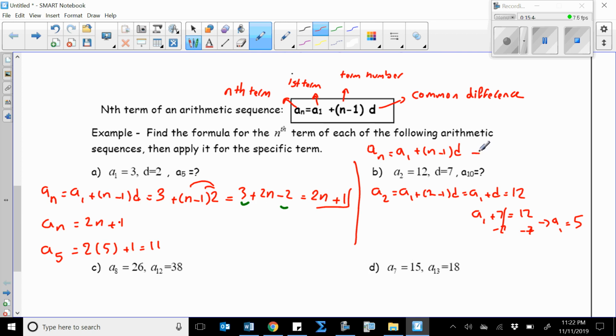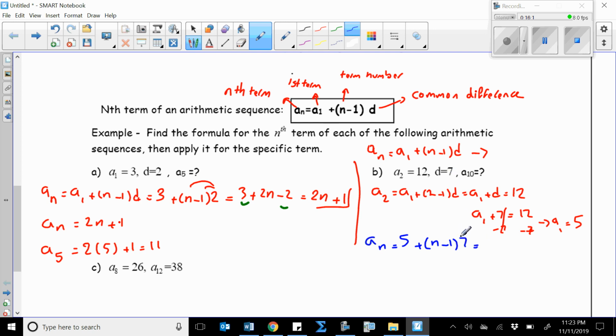Now I can easily write the rule for AN. Let me make some space here for myself. So for AN, I'm going to write A1, which is 5, plus N minus 1 times D, which is 7.